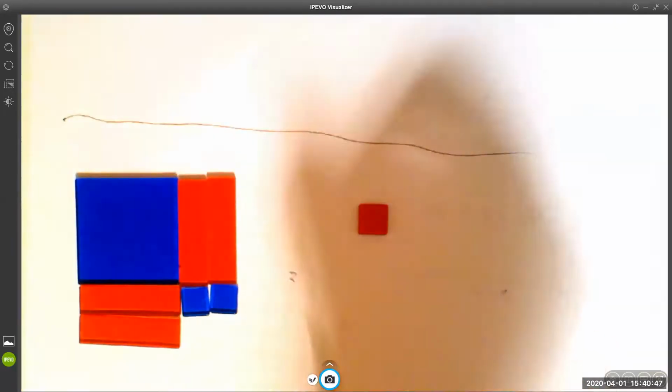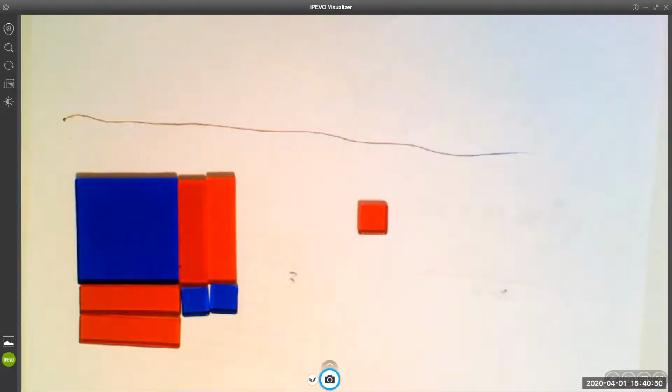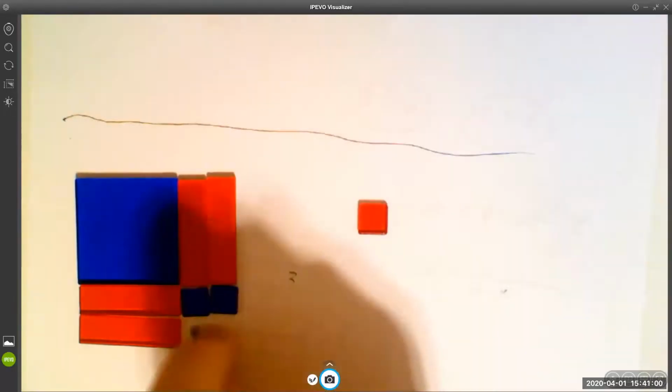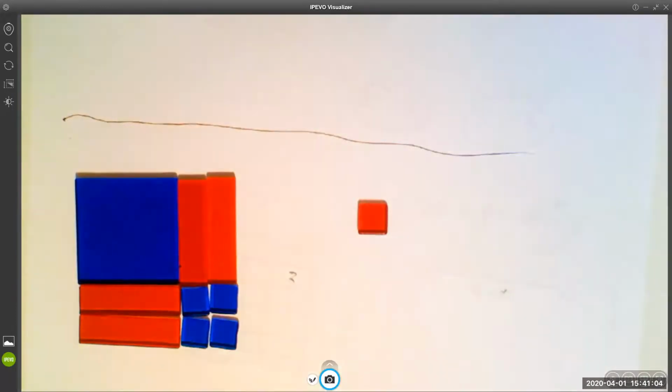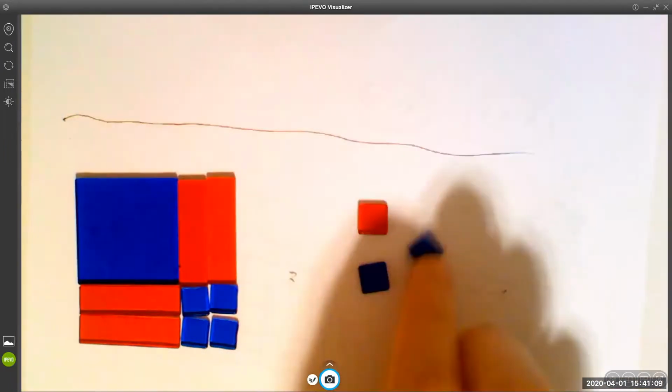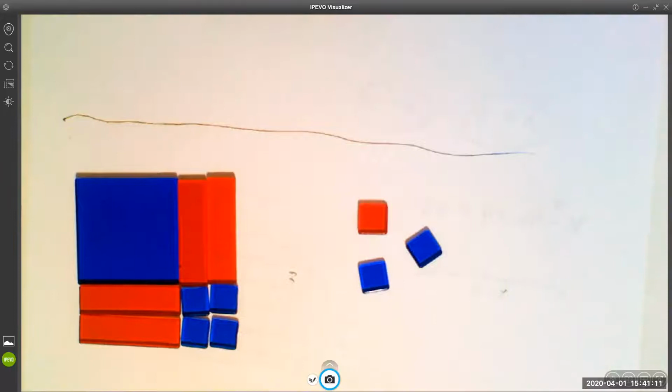But now I'm going to complete the square. So in order to complete the square here, I obviously need 2 more units. And just like with linear equations, I'm allowed to add anything I like, as long as I add that same amount to the right-hand side. Okay, so now I've completed the square.